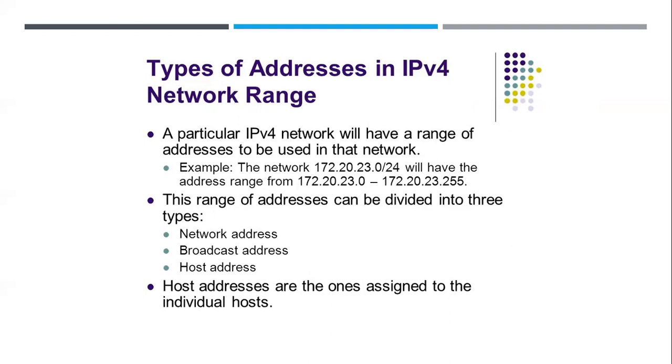Then the types of addresses in IP version 4. I'm just trying for us to have a good understanding of the network range. Bullet 1, a particular IP version 4 network will have a range of addresses to be used in that network. Example, the network 172.20.23.0/24 will have the address range from 172.20.23.0 up to 172.20.23.255.